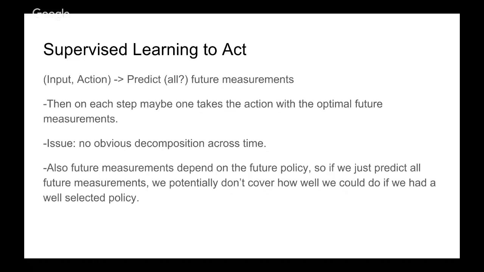And one natural issue here is that there's no obvious decomposition across time, because hypothetically you just have to predict all future measurements. And another weird thing here is that the future measurements depend on the policy that you'll continue to take for the rest of the episode. So if you just predict all future measurements, you potentially don't cover how well you could do if you had a well-selected policy.